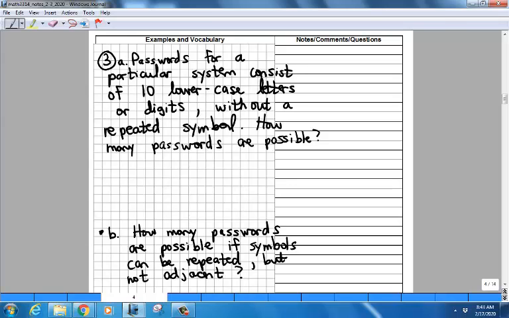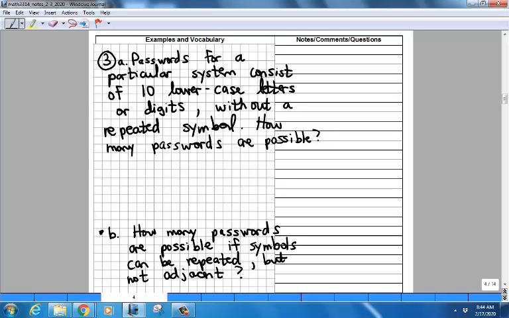So let's apply that idea to some very simple problems. You probably know the answers already, because these are pretty straightforward counting problems, and you have some practice with counting sets prior to this course. Passwords for a particular system consist of 10 lowercase letters or digits, without a repeated symbol.